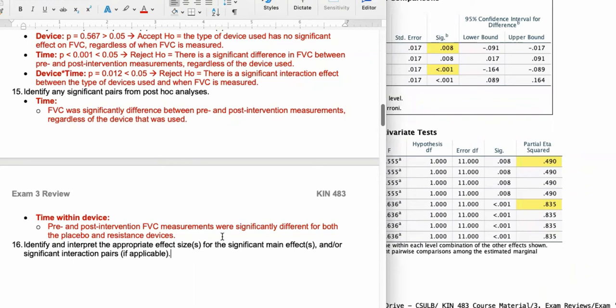And then our effect sizes for a two-way ANOVA, we want to look at the partial eta squared. I've noted that I want effect sizes for the significant main effects and/or interaction pairs if applicable. So in this case, that would be applicable since we had an interaction effect. But I do the same thing as I did for the previous question where I list out which effect sizes I will need. And I'm gonna make this red.